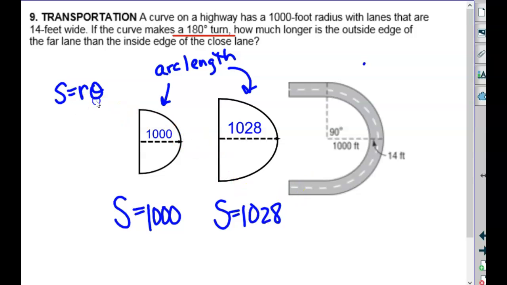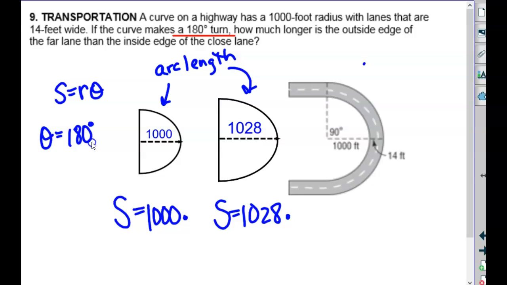Then we're supposed to put in theta. Well, what is theta, guys? Okay, is theta 180? What does it say in this little box here somewhere? At the title, it says arc length, area of sector, angular linear velocity.